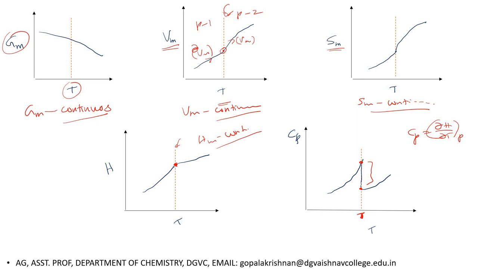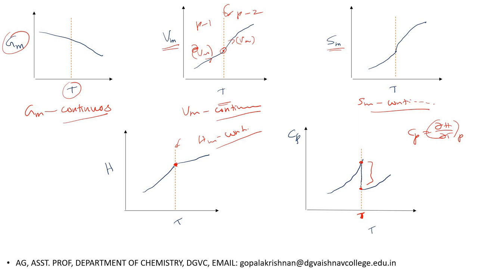phase transition. So if you want to identify whether a phase transition is a first order or a second order phase transition, it is very simple. Just plot the Cp versus T graph for a substance at different temperatures. If your curve reaches infinity at the equilibrium temperature, it is a first order phase transition.